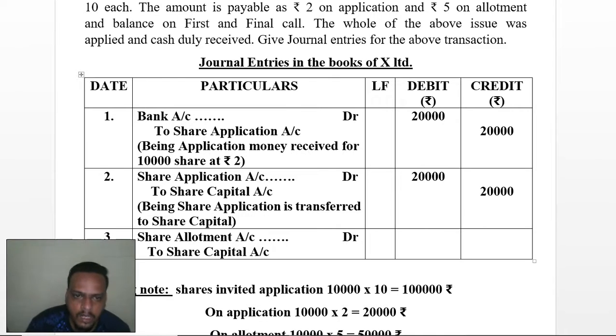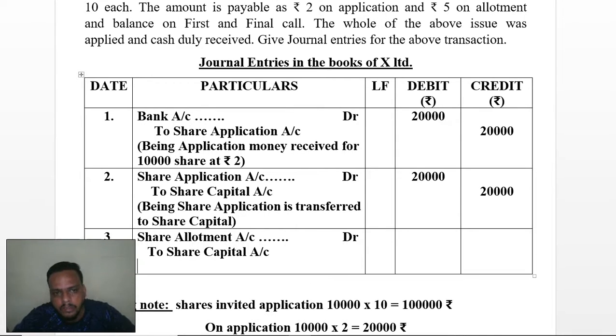Here we are transferring the amount which has to be received. It has become due. The company has asked for allotment. So here the entry will be share allotment account debit to share capital.